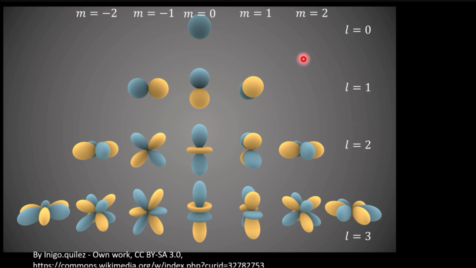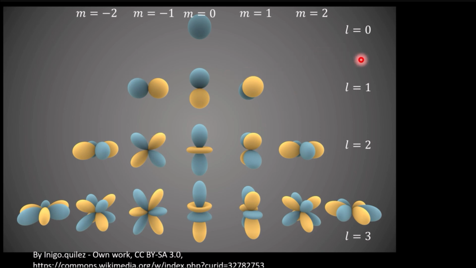So these pictures will give you an idea how the wave functions of the particle look in a spherically symmetric potential.